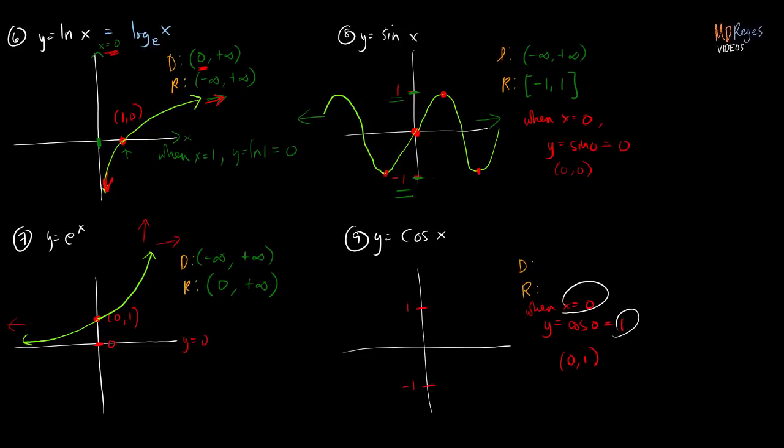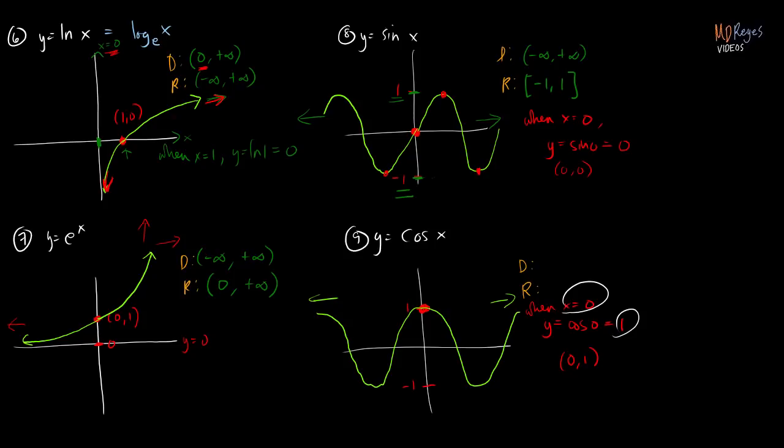And (0, 1) happens here. But it's the same wave as the sine function. So, still like this. Like that. And again, this goes all to the left and to the right all the way, making the same wave over and over again.